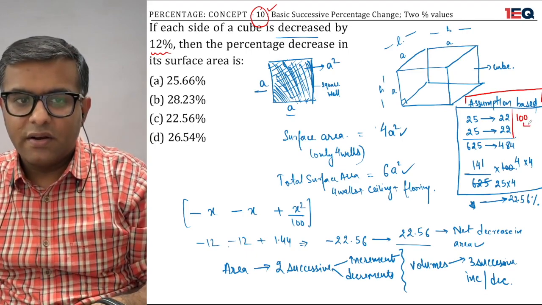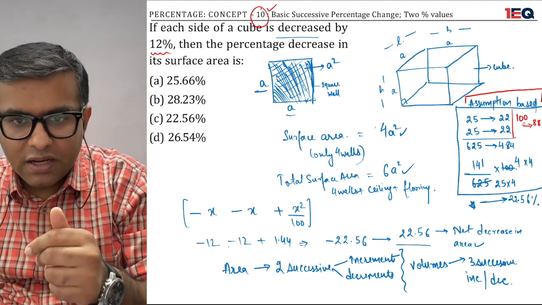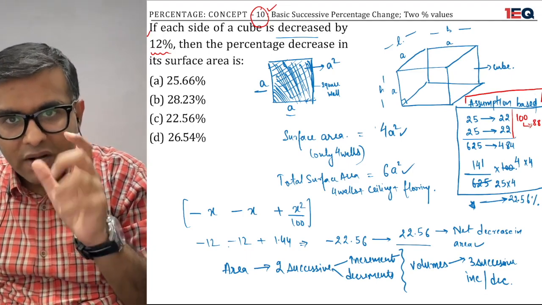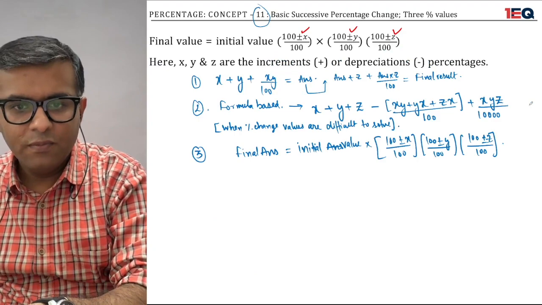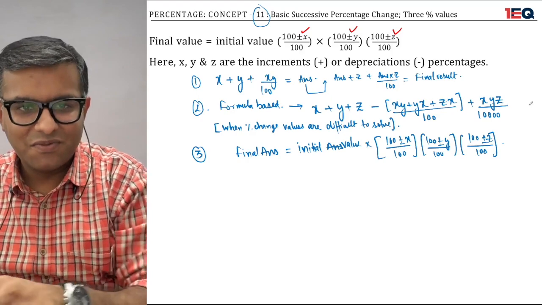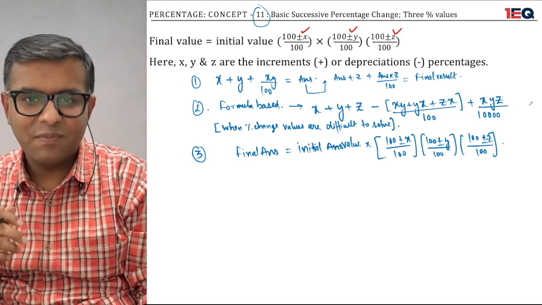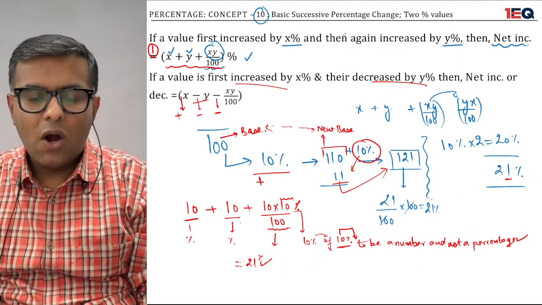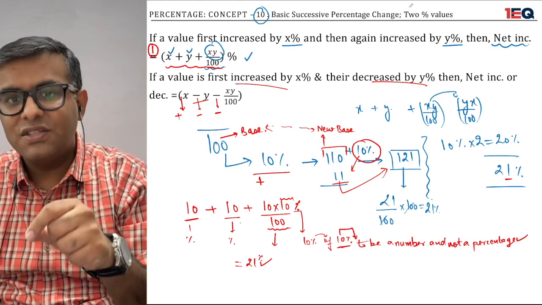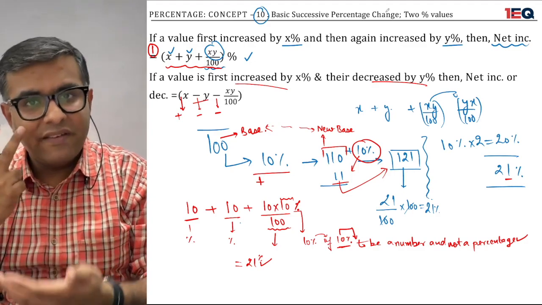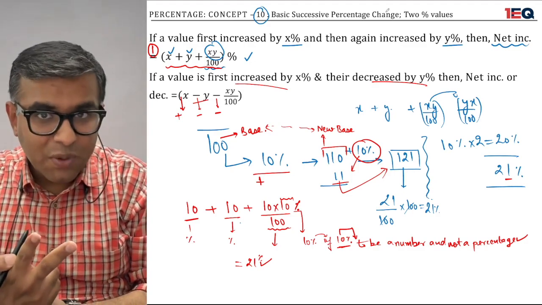This is a bummer for the ones who've come here for the first time. I would request you to go and watch the previous video, because there I taught how to handle basic successive percentage changes when there are two variables, and successive cannot exist without having two percentage values.